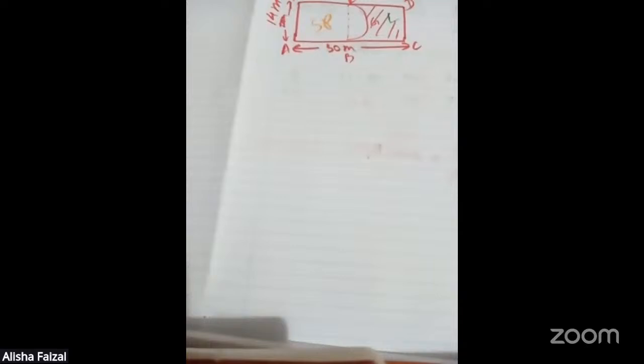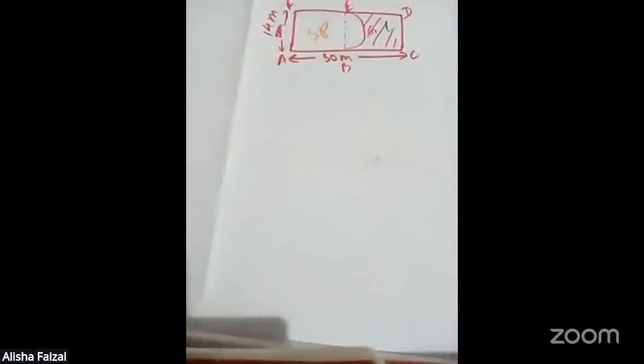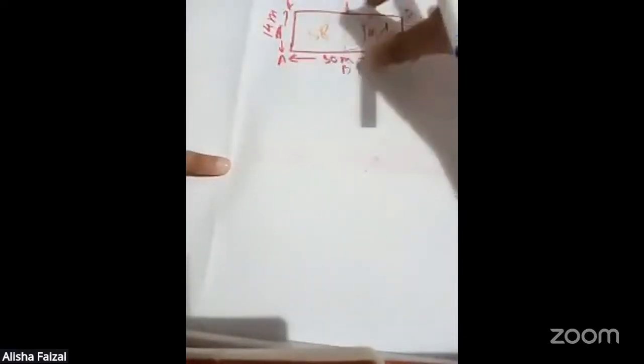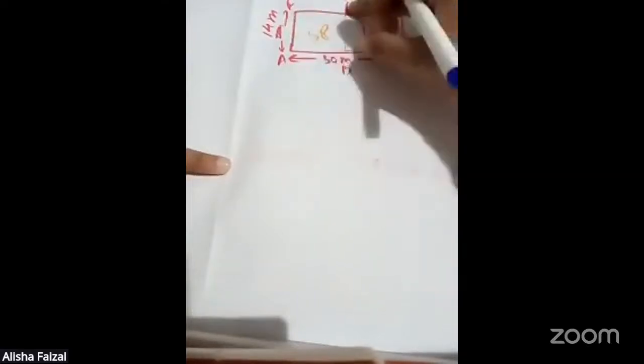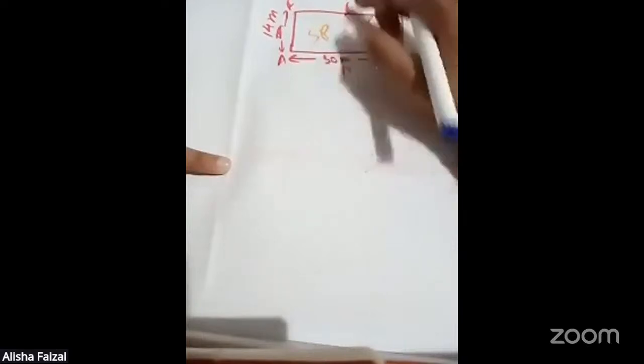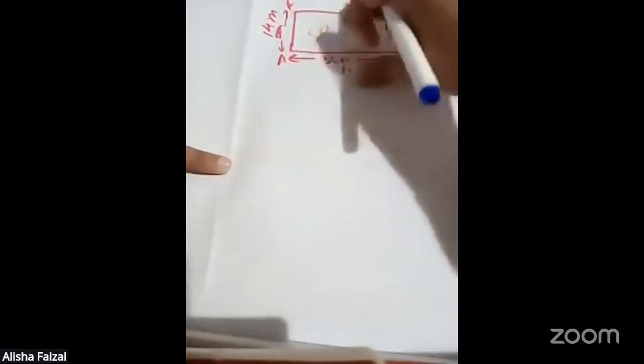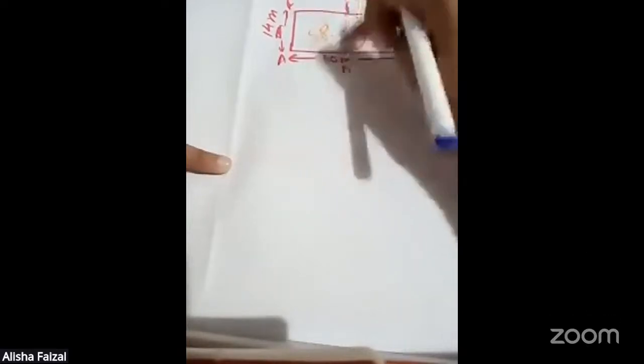Okay, I'll do it. So this whole thing, AF, is 14 meters. So this is also equal to 14 meters. This BE is also equal to 14 meters, because in a rectangle, opposite sides are equal.